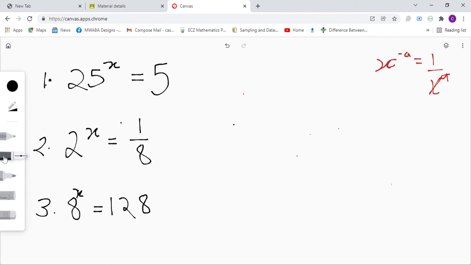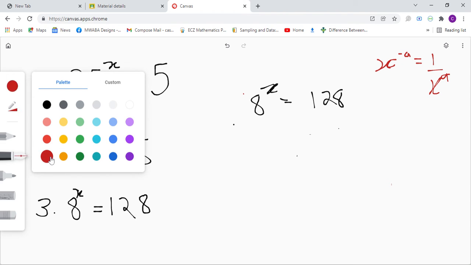All right, 8 to the power x equals 128. So in this case here, we have to make the bases similar. 8 is the same as 2 to the power 3.